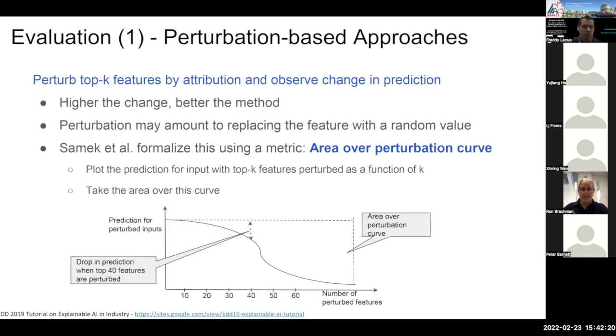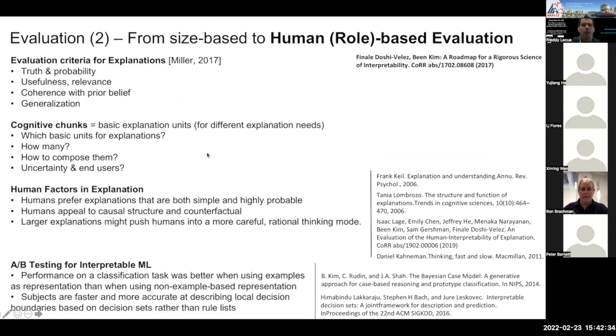So then here you can see interesting work where they try to understand to which level perturbations, and then try to get features that could be used for explanation here. And then we move from what I call size-based to much more human-based evaluation.